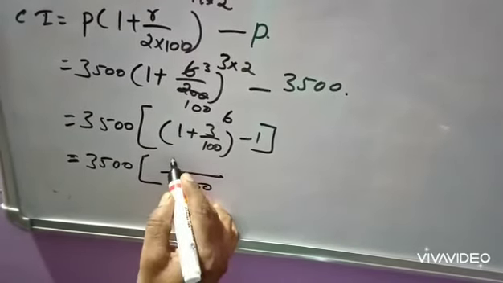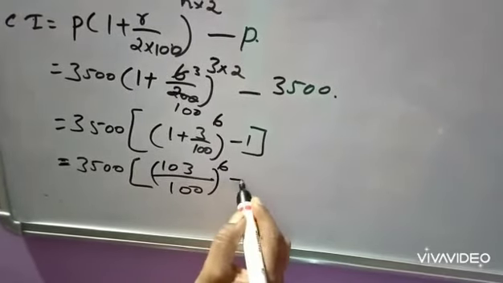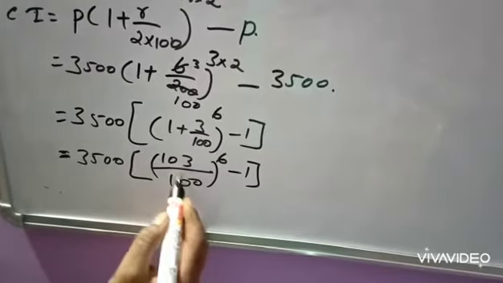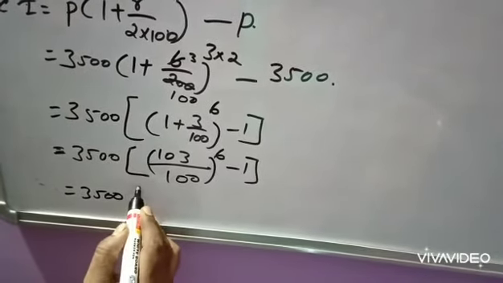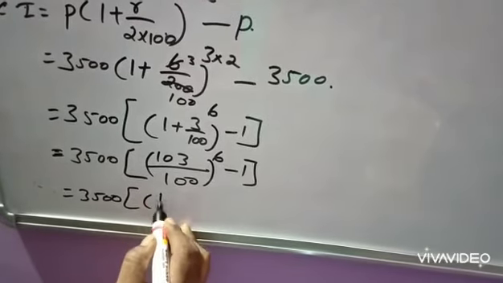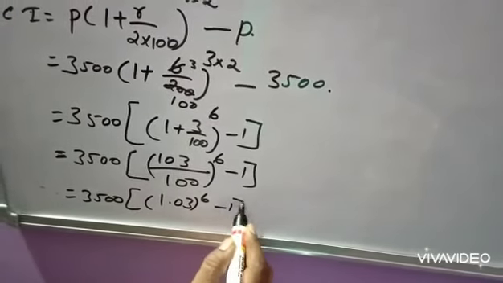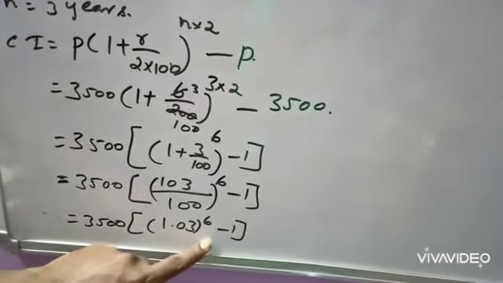So 100 plus 3, 103 by 100 power 6, minus 1. So we can divide by 100, so it's 3500 into (1.03 power 6 minus 1). So here we have 1.03 power 6.